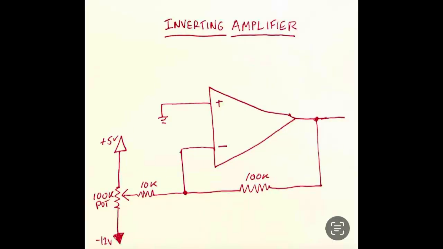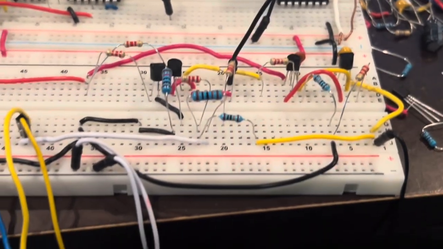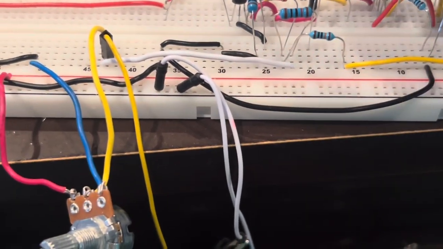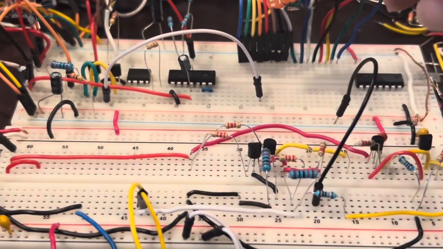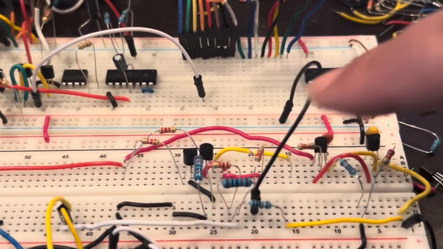And now we'll make an inverting amplifier with 10 times gain. So now what I've done is I've taken the inverting input and I'm going to put this to ground, and the non-inverting input.